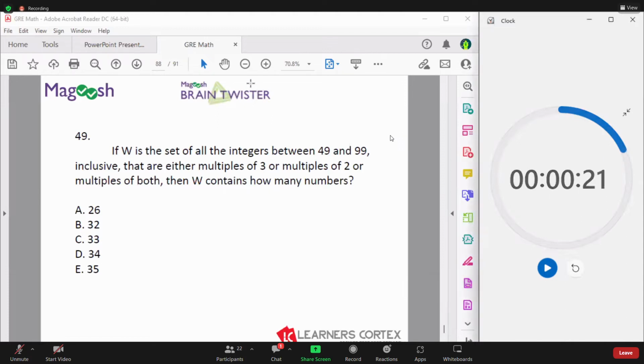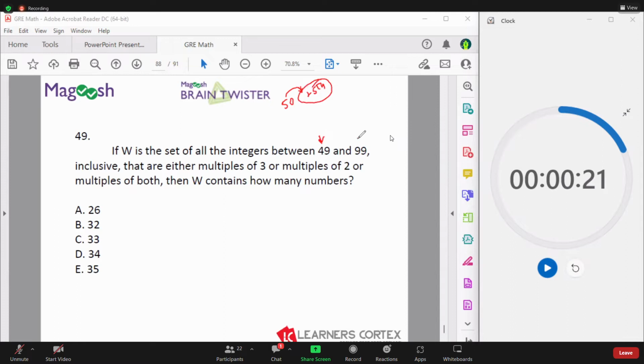So for set W, the integers are between 49 and 99 inclusive. So 49 is also included and 99 is also included. Then it says that they are either multiples of 3 or multiples of 2. So let's start with multiples of 2. The first multiple starting from 49 is 50, which is the 25th multiple.